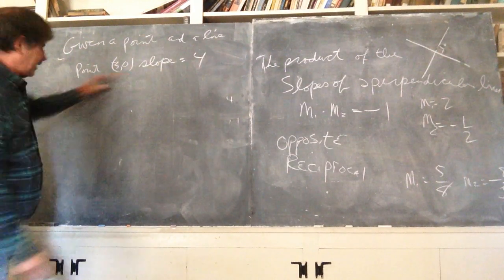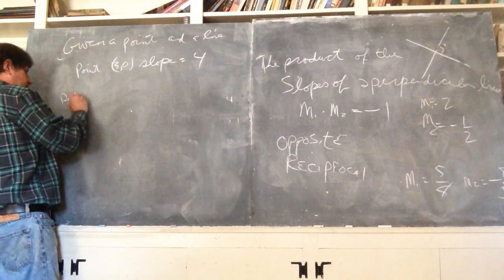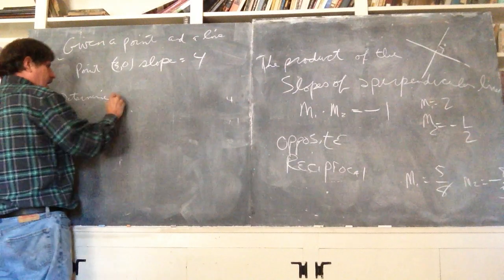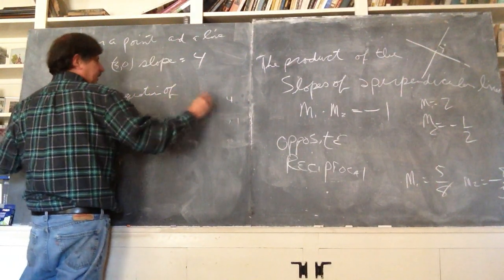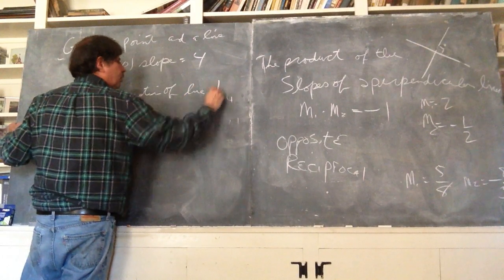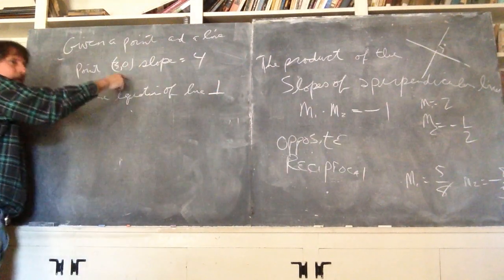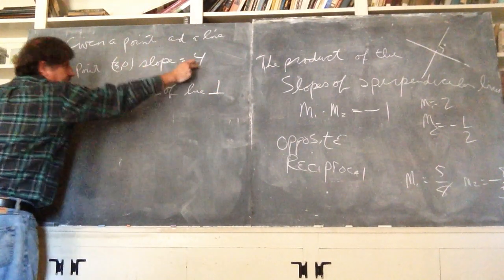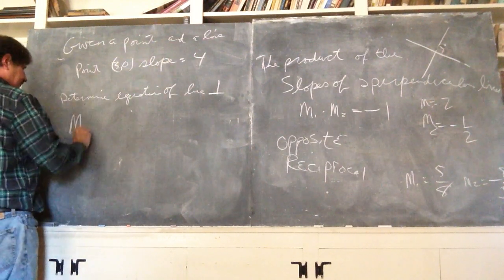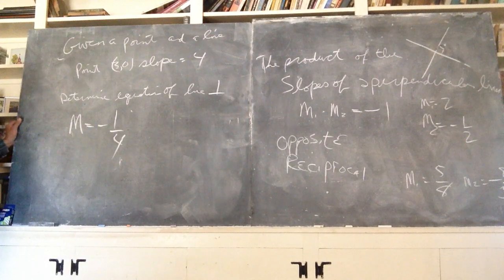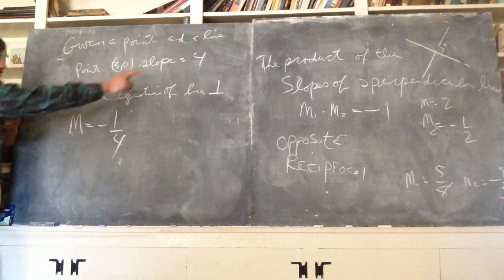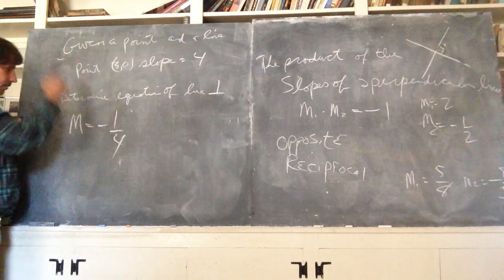That's what we're given. Determine the equation of the line perpendicular to this one. First thing you have to do, there's the slope of the line that's given. Opposite reciprocals. If this is 4, then a perpendicular line is going to be negative 1/4.